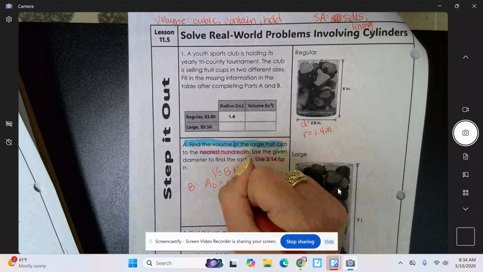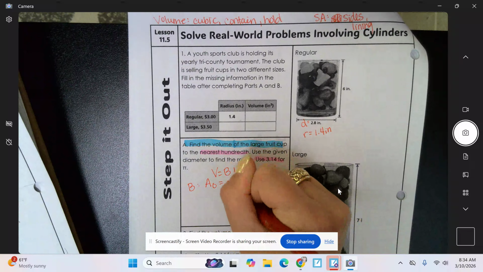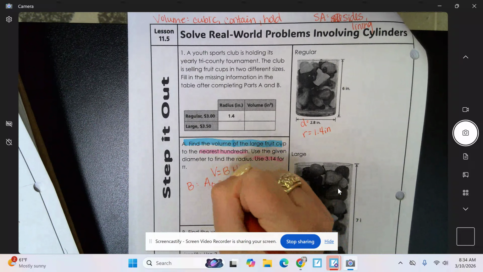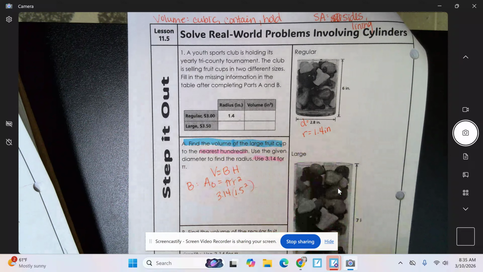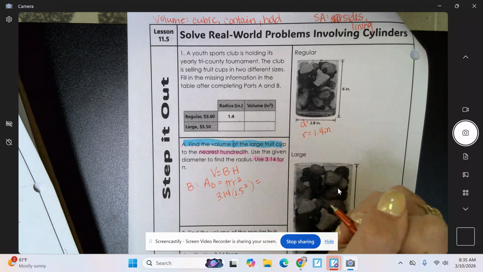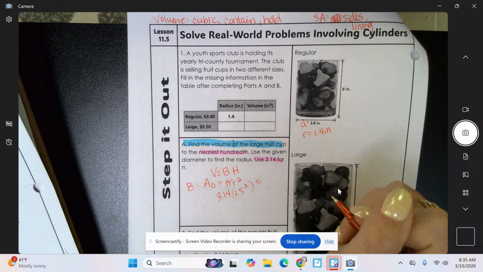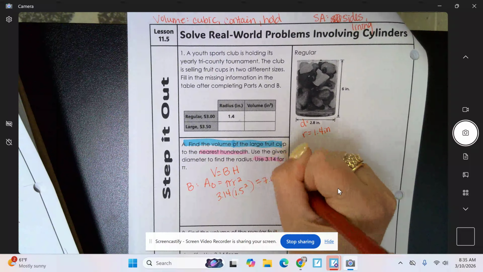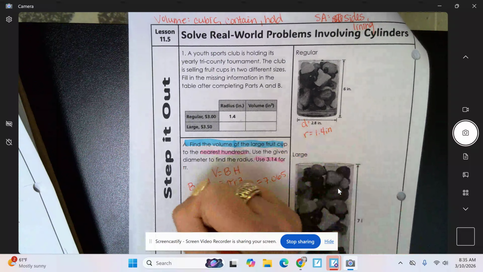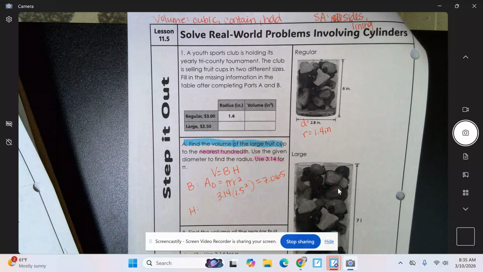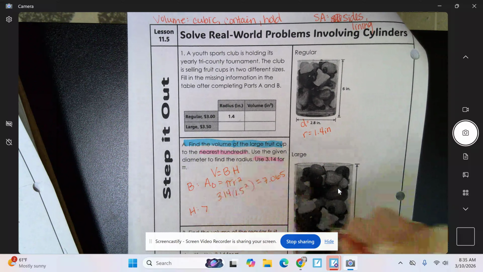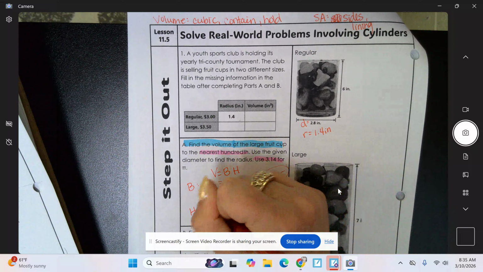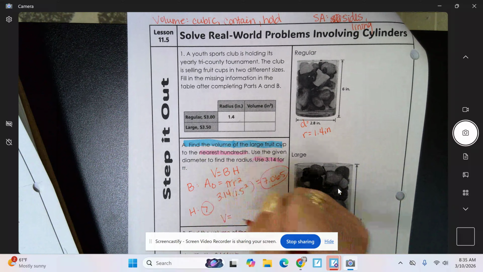Alright, so we substitute the radius with 1.5 squared. They told us to use 3.14 for pi, which gives me... alright, and what was our height? 7. And what do we do with those two numbers? Multiply them. Ta-da! And we get the volume of the large.